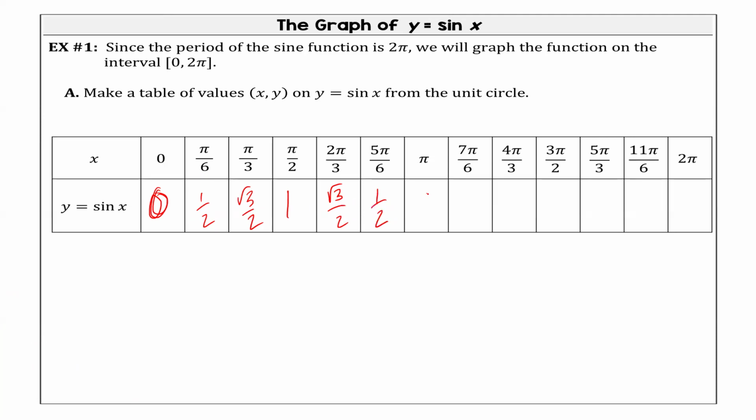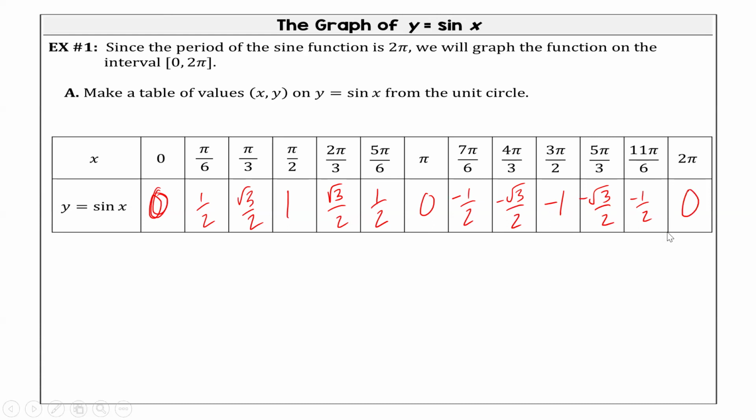Sine of pi. Sine of 7 pi over 6. Sine of 4 pi over 3. Sine of 3 pi over 2. Sine of 5 pi over 3. Sine of 11 pi over 6. And sine of 2 pi, 0.